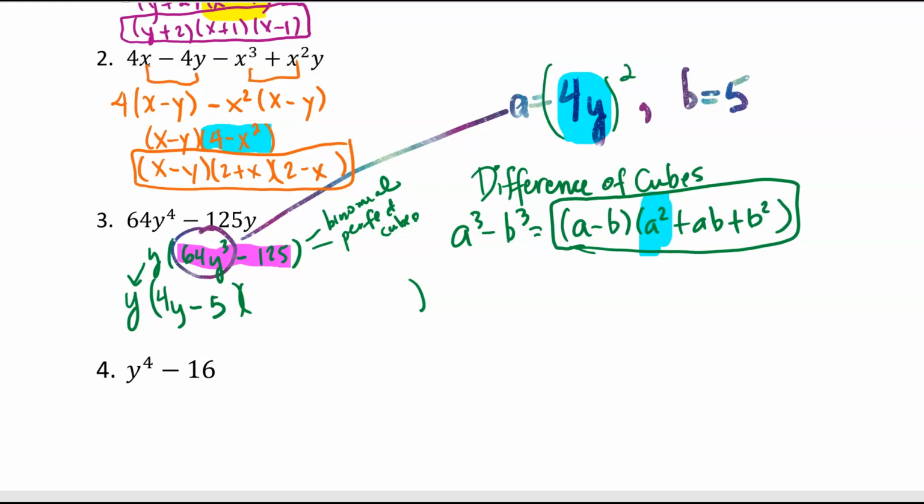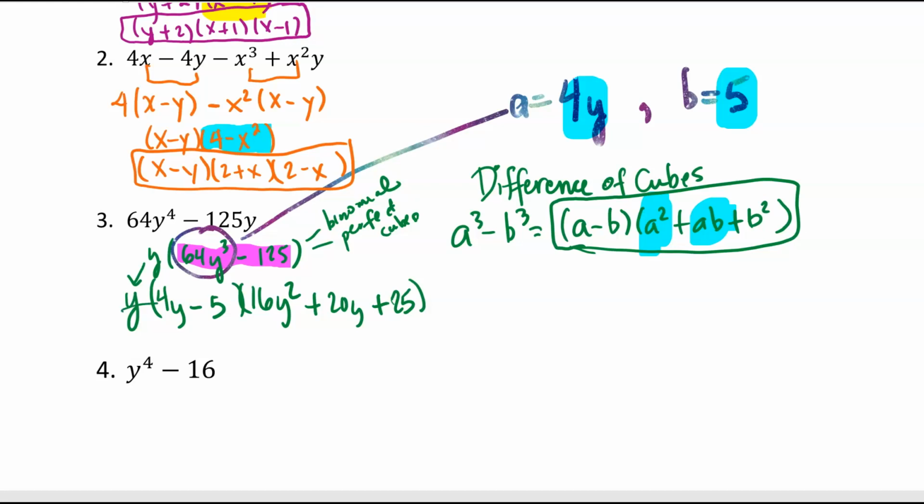For example, we will get 16y squared plus AB, which is 4y times 5, which is 20y, plus b squared, 5 squared is 25. So that is the final answer.